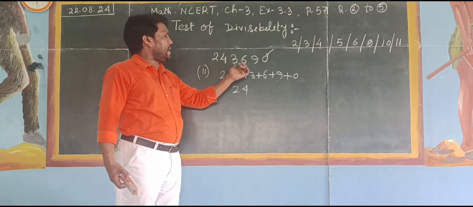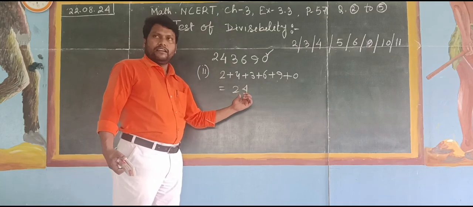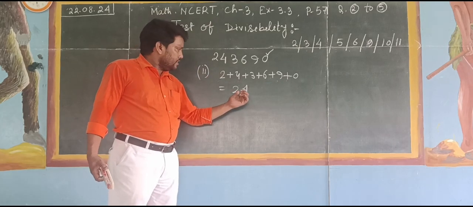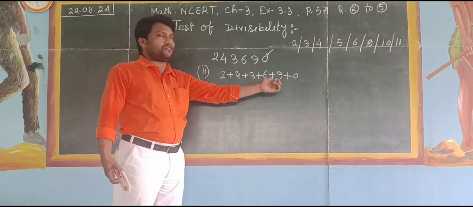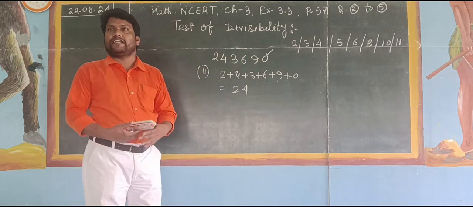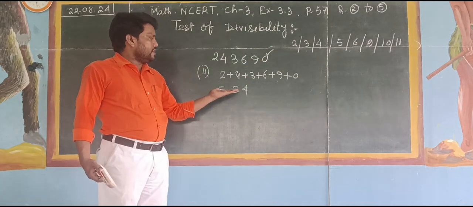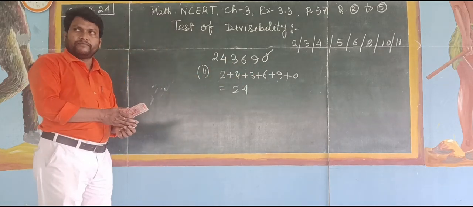At first you will add all the digits of the number singly. Then you will get a result. If the sum of the digits is divisible by 3, then the number will be divisible by 3. So now easily you can say that this number is divisible by 3.